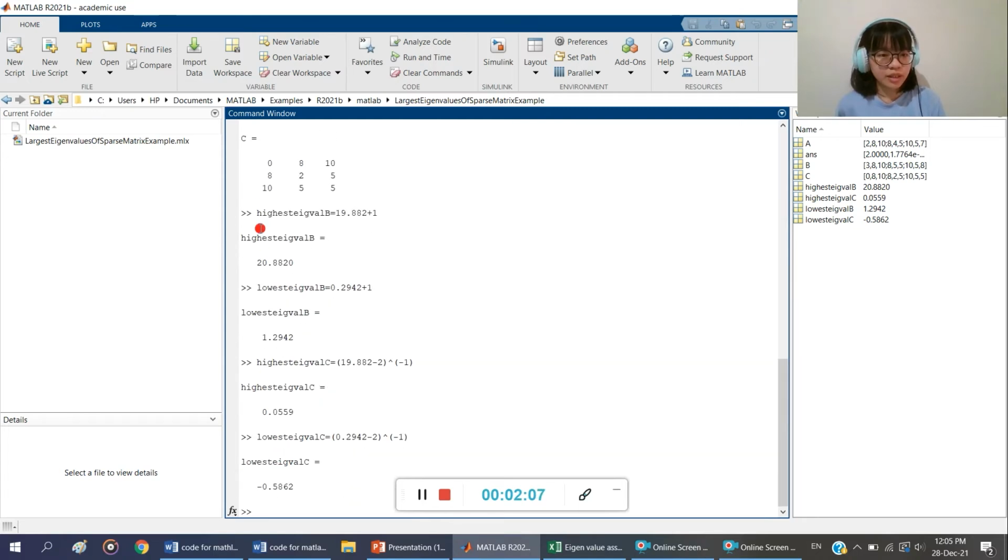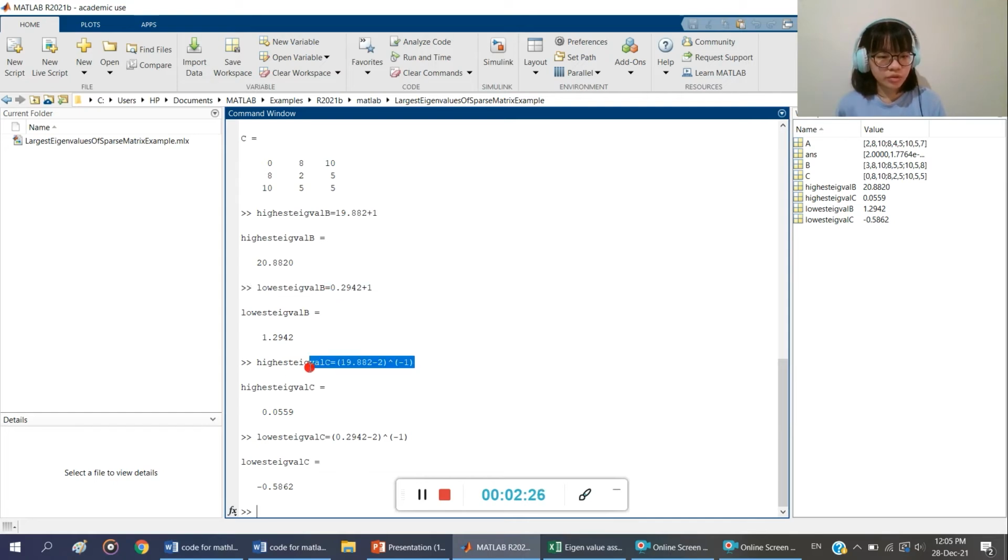And find the highest eigenvalue of B and the lowest eigenvalue of B by adding 1 to the eigenvalue of A. This is highest and this is lowest.